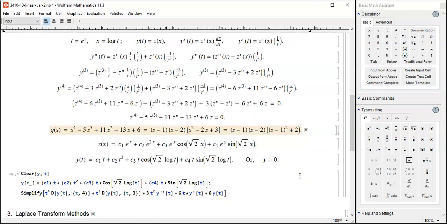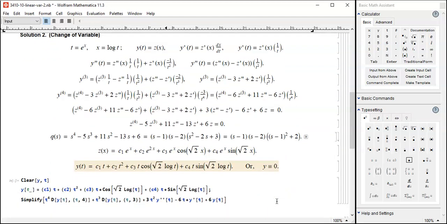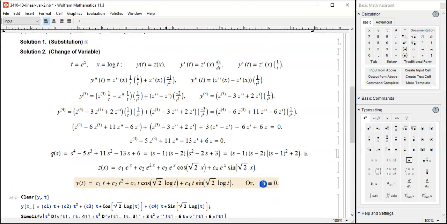Factor it, and then we have exponentials and exponentials with sines and cosines, and then change those back to the change of variable here. t is e to the x, and x is log of t. So we get all that. And if you use the change of variable method, you're going to be leaving out y is constantly equal to 0, that thing. So artificially add one more solution here, the singular solution.